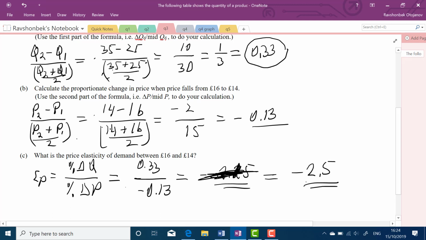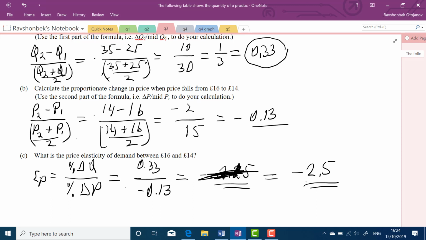It is price elastic. Yeah, the demand for this good is price elastic, right? The value is, in absolute terms, greater than 1. So it could be some sort of a luxury product because that's a huge elasticity. So how would you interpret this more formally, in textbook language? It's something that we mentioned in the lecture.